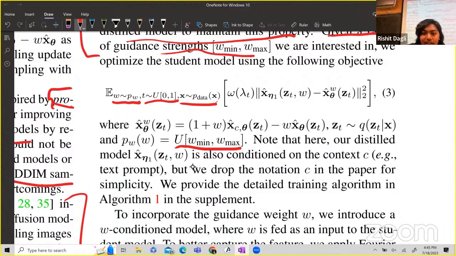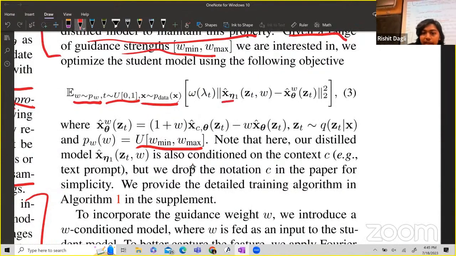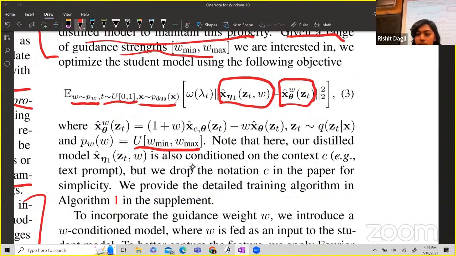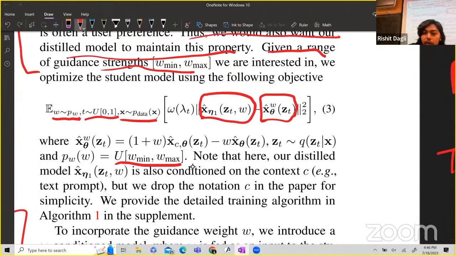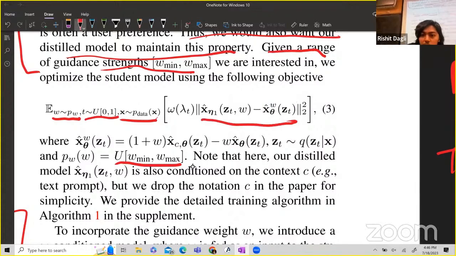And what they say is you have the x eta 1. This is the student model you are trying to learn. And then you have the x theta. So this is the pre-trained conditional model you have. So what they seem to be trying to do with this objective function is just optimize this difference.